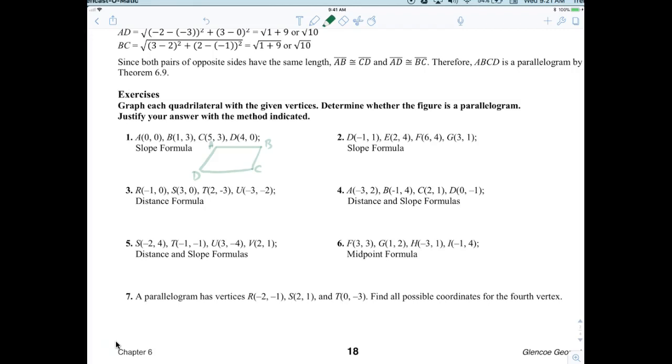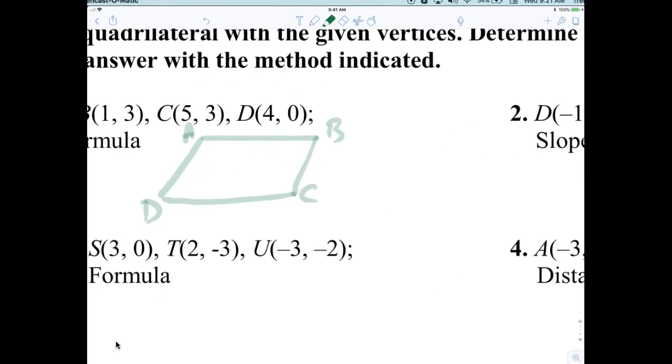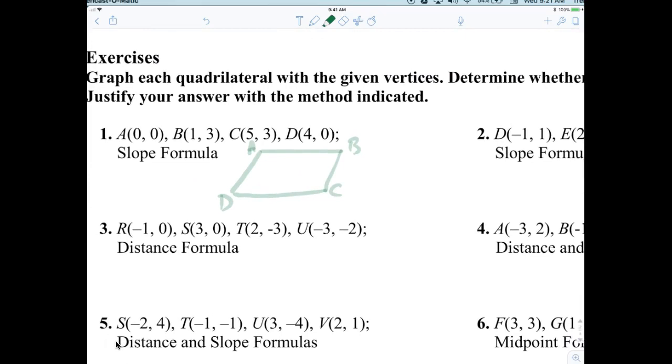Everybody see that? So again, I can't just automatically assume. I thought it said prove quadrilateral A, B, C, D. Is everybody with me on that?